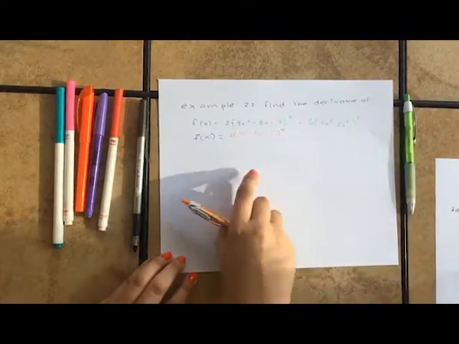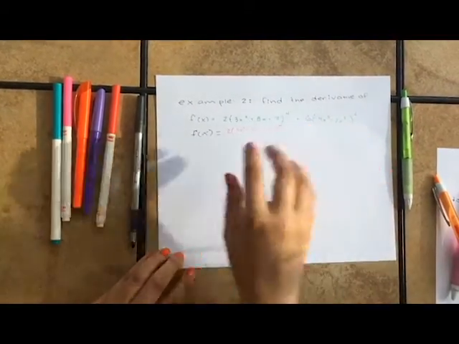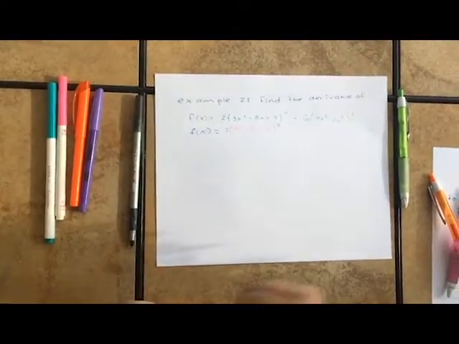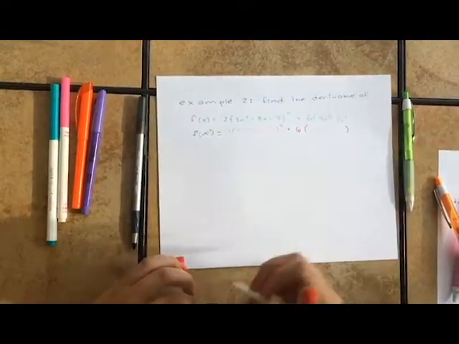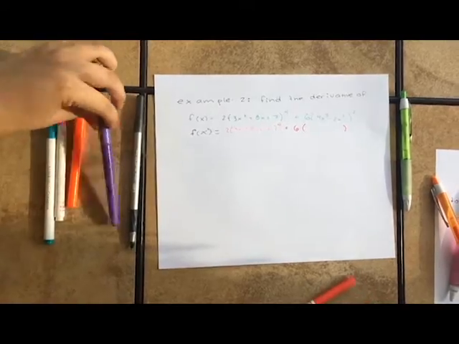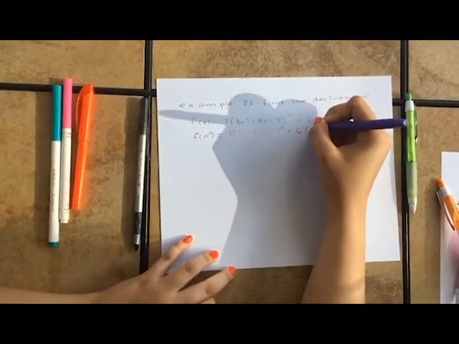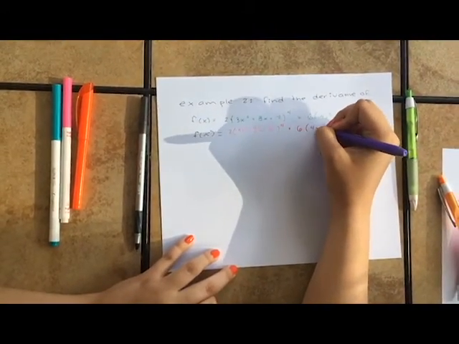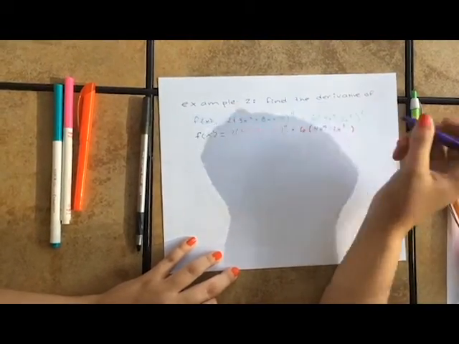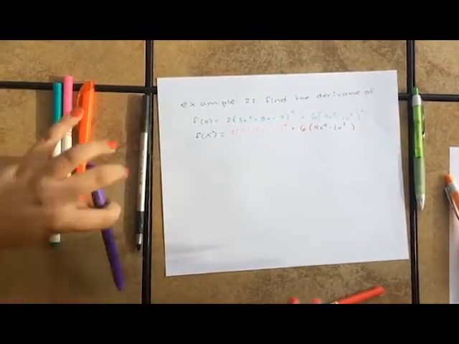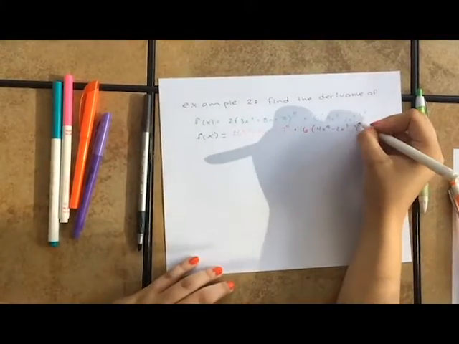And now, because we're having another area, we're going to add this in a different color. Plus 6 parentheses 4x to the 5th minus 2x cubed, and then back in with the red, squared.